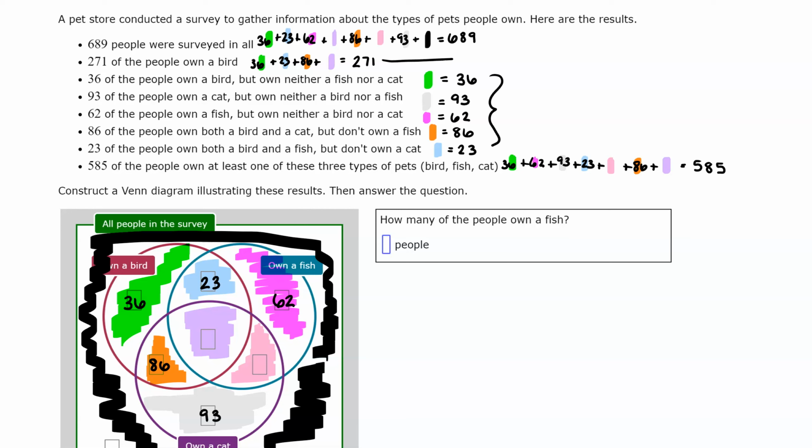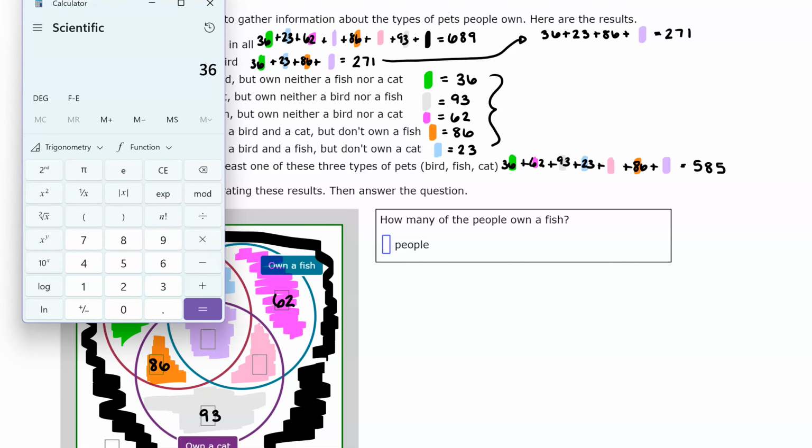So I'm going to focus on that one. I know green, I know blue, I know orange, I don't know purple, but I know the total. So I'm going to solve 36 plus 23 plus 86 plus purple has to equal 271. So now let me add 36, 23, and 86 together.